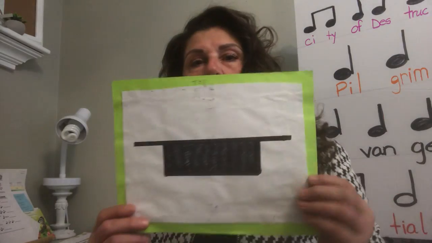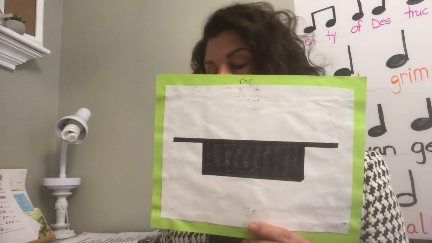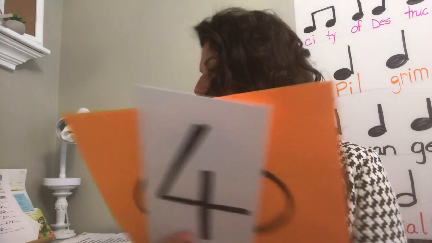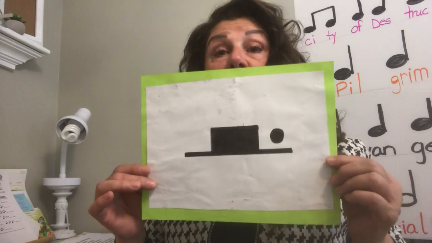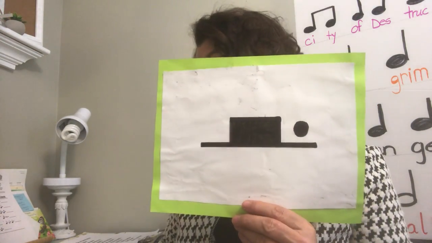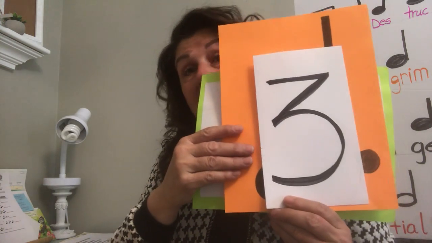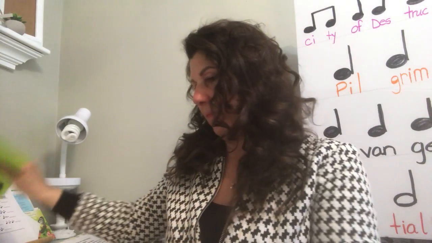So just to quickly review, whole rest, whole note, worth 4 beats. Dotted half rest, dotted half note, worth 3 beats.